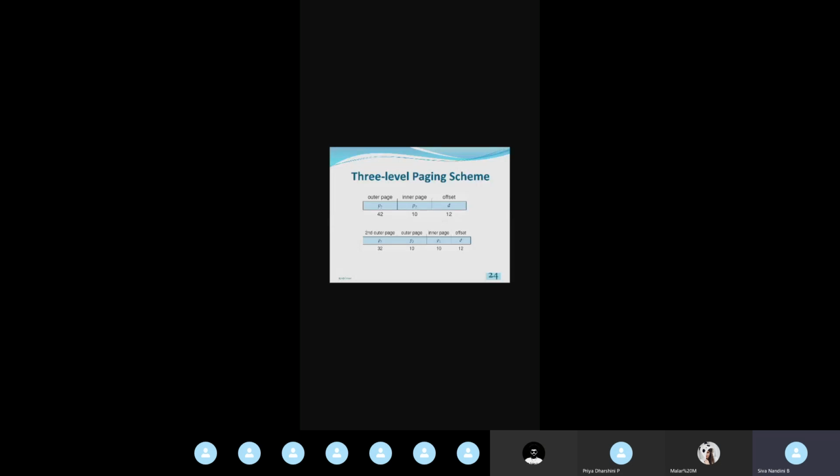Likewise we have split it into a 32 bit second outer page table p1, a 10-bit outer page table p2, a 10-bit inner page table p3, and a 12-bit offset. Okay. Likewise, if the number of bits in the logical address goes larger, we'll be using 2-level paging or 3-level paging scheme.